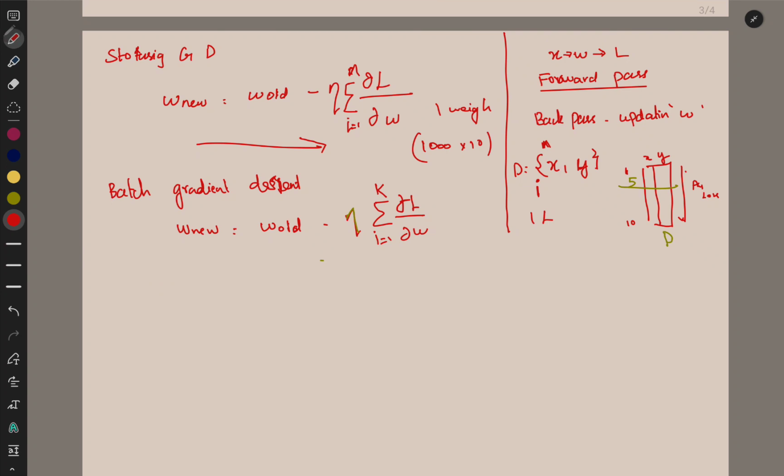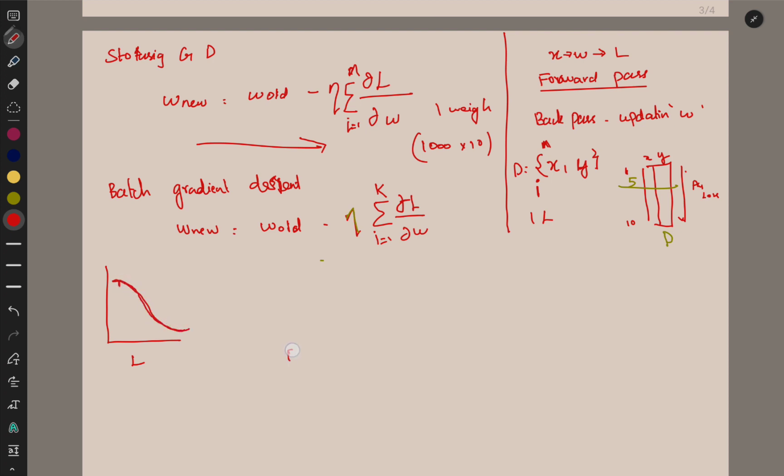Let's say in stochastic gradient descent, you have a loss function which gradually reduces like this. Since you are updating the weights for every iteration, taking every data point into consideration, you will have a very smooth curve.